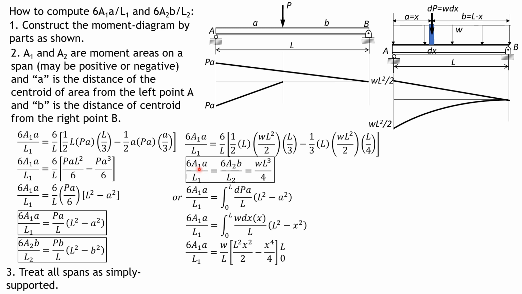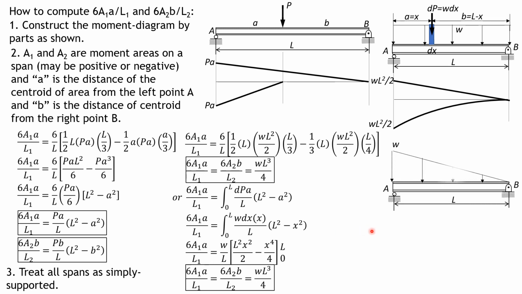Or in general, 6A1A over E1 I1 L1 equals 6A2B over E2 I2 L2 equals WL cube over 4. Next, for triangular loading, the result, I will just directly put it into formula. You have to verify this by either drawing this diagram or by considering a strip and by integrating.